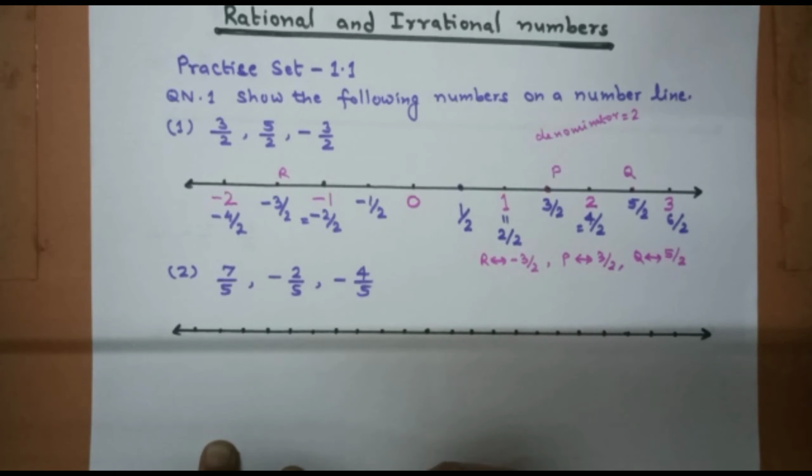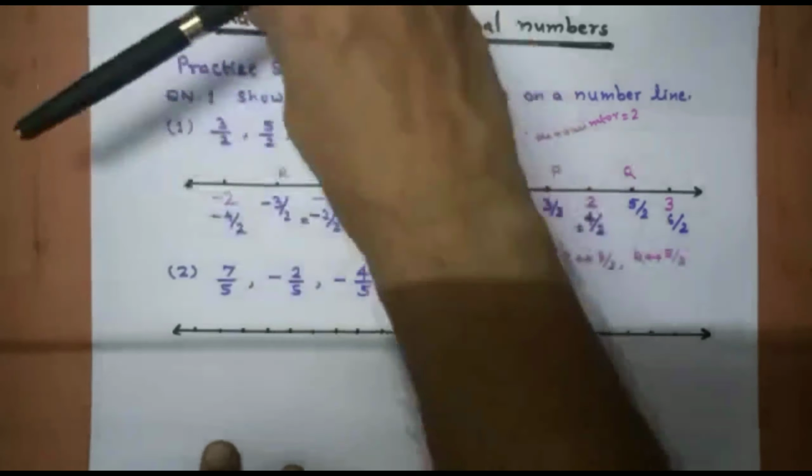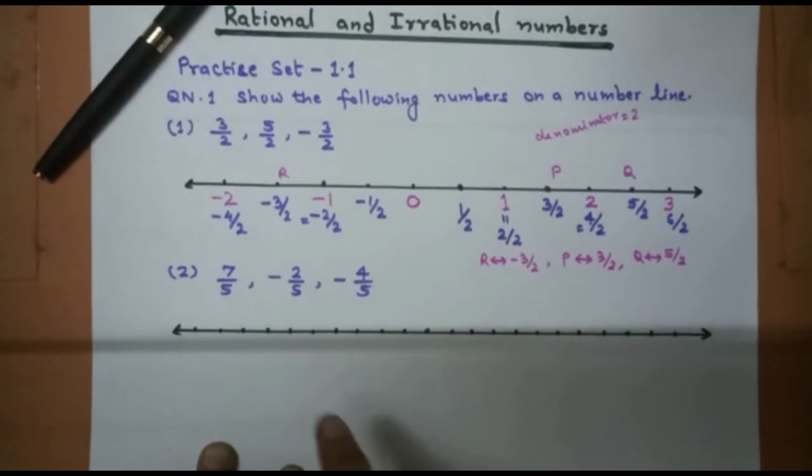In the same way we can solve question number 2, where the numbers are 7 upon 5, minus 2 upon 5, and minus 4 upon 5.